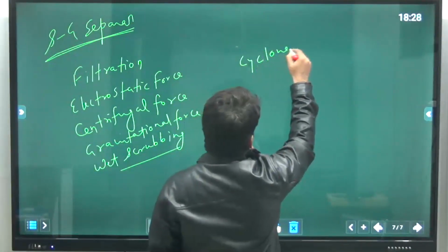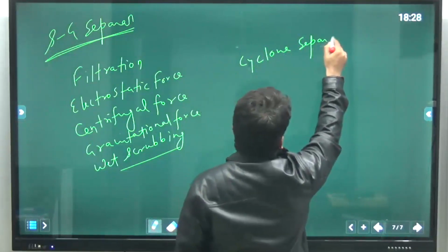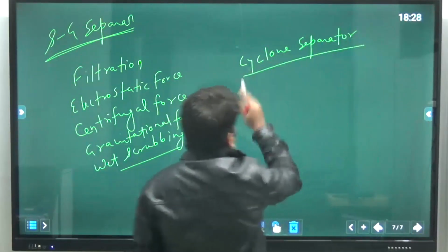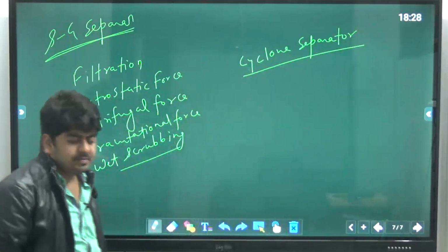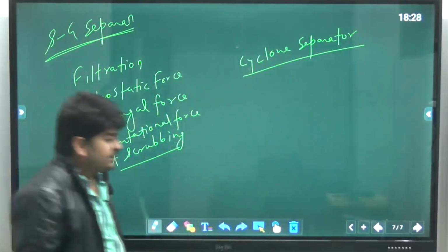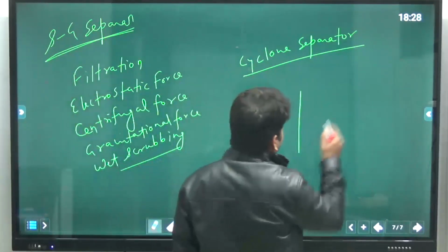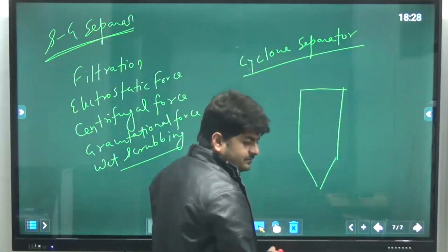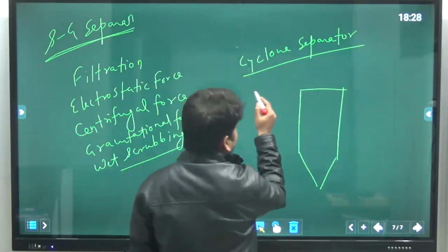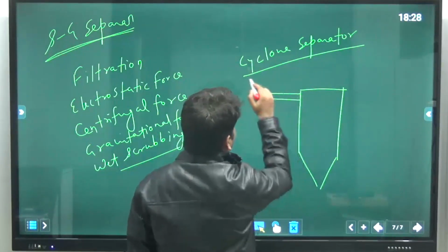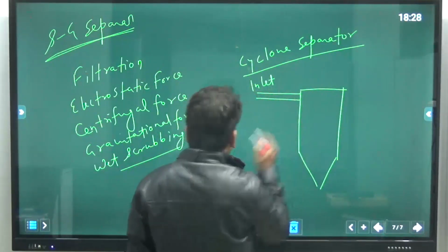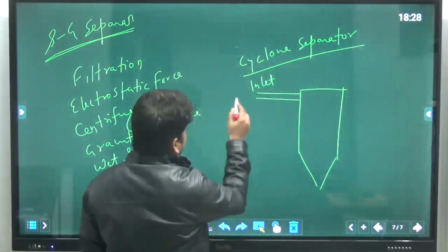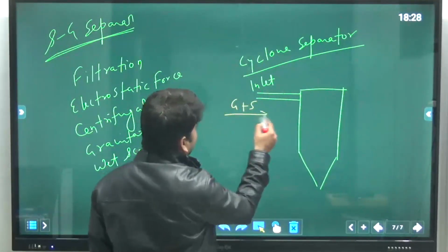So, the cyclone separator. We have a cylindrical section followed by a conical section. At the top of the cylindrical section, we have one inlet pipe where we send the solid gas stream with very high velocity.